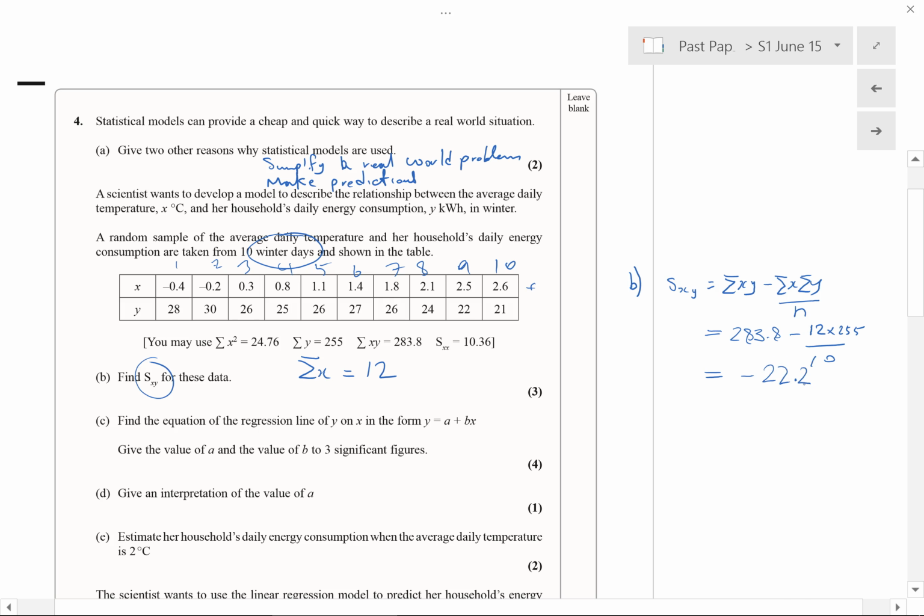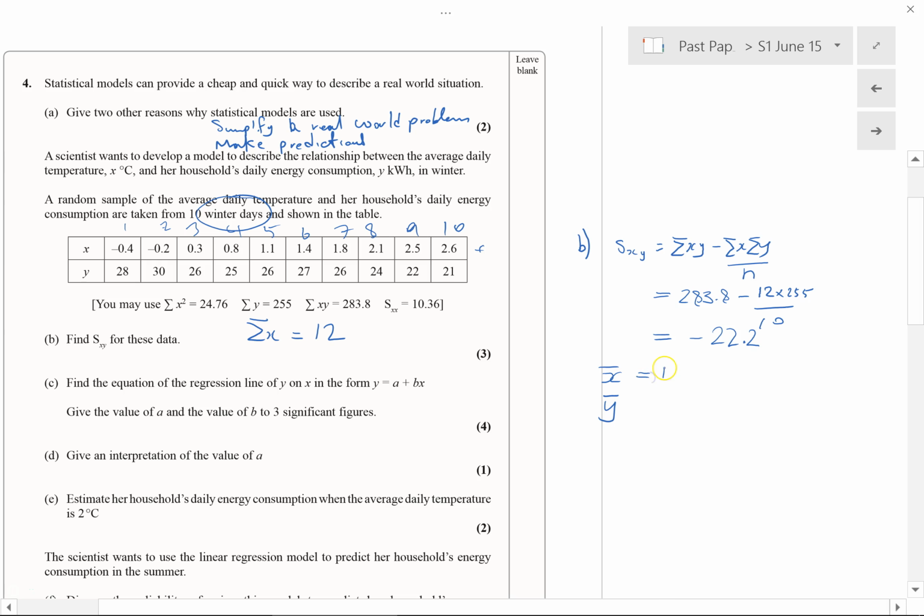So that's SXY. And then it says find an equation of the line of best fit. Now in order to get that, we need to have x bar and we also need to have y bar.